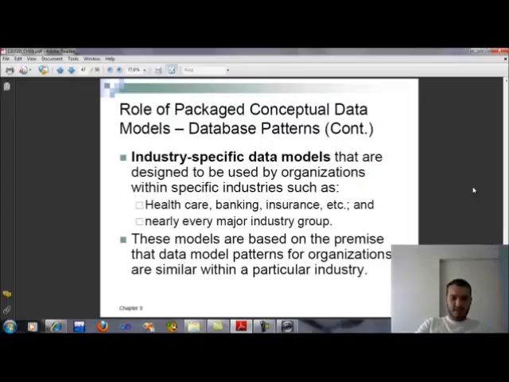These models are based on the premise that data model patterns for organizations are similar within a particular industry.